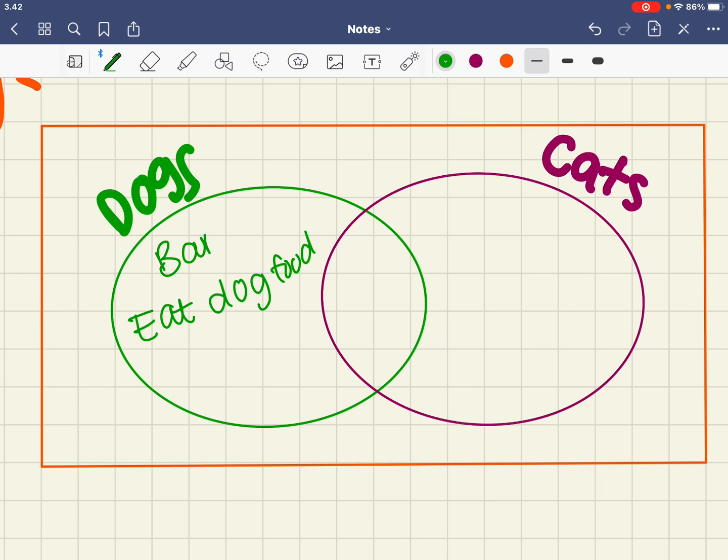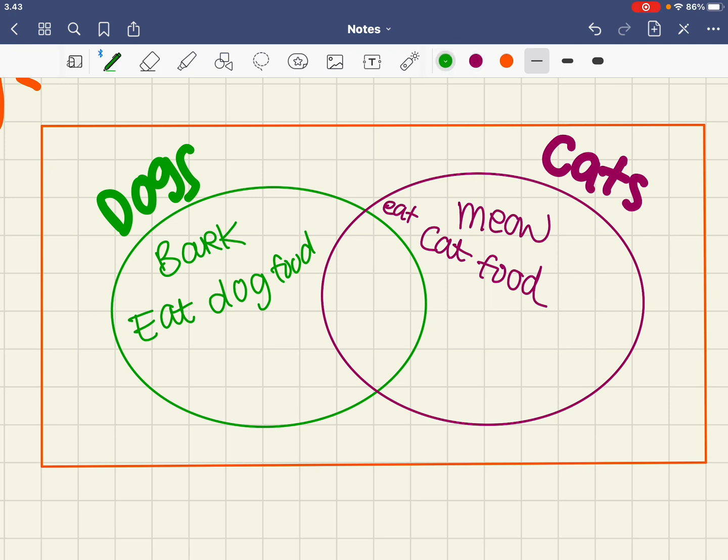And then cats, they meow. They eat cat food, and cat food usually smells like fish. So these are just random characteristics between them, right? So the differences, you can put them next to each other.